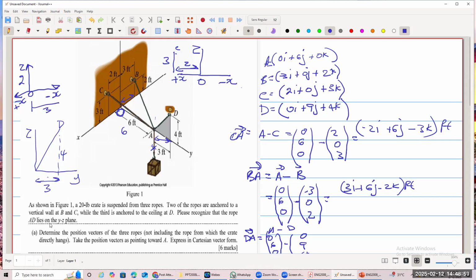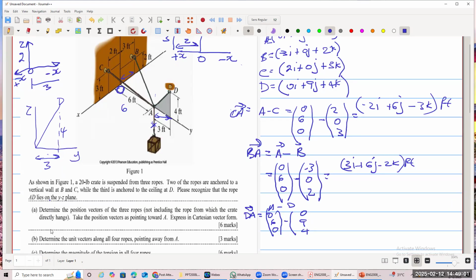So here we have 0I, then minus 3J, and minus 4K. So those are what it wanted from you, the position vectors.